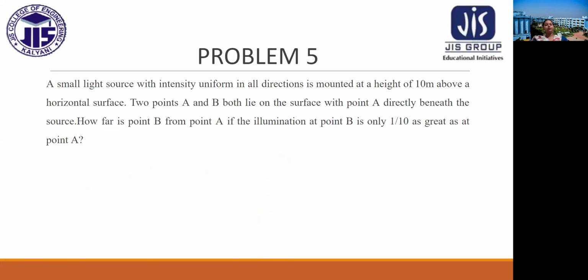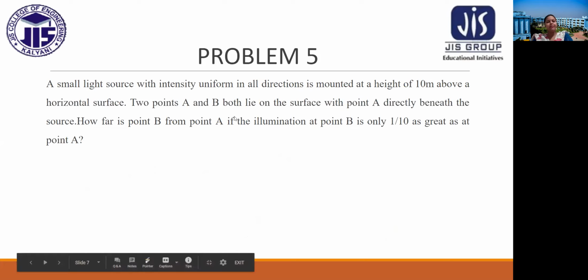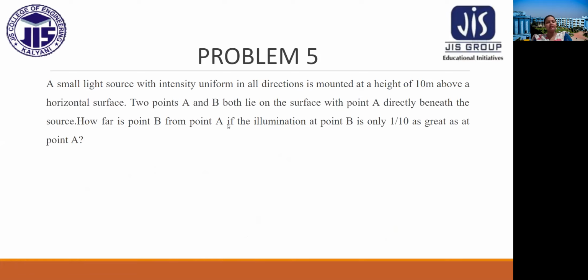So here, this is your assignment. Illumination at point B is 1 by 10 times the illumination of point A. So first, we just know the height, which is 10 meter. So let the illumination at point A be X, and that at point B will be X by 10. So you have two illuminations.